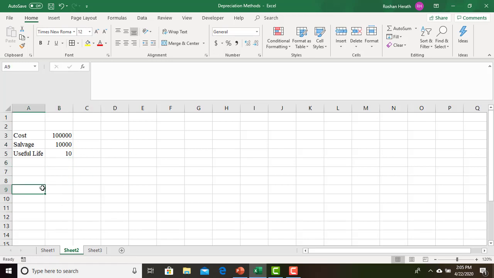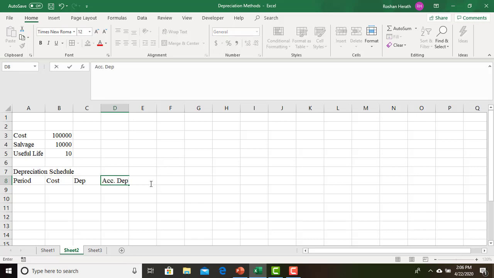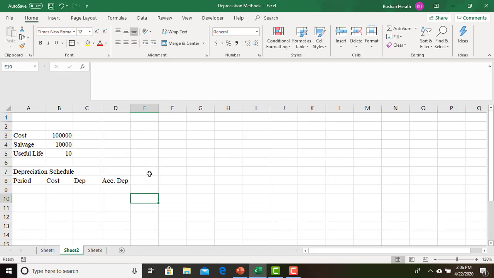Then we may prepare the depreciation schedule and thereby compute the depreciation, because we know depreciation would change from period to period. In that we may compute the depreciation. Most importantly you need the period, and there you need the cost information as usual, depreciation, accumulated depreciation as in the previous case, and finally the carrying amount.